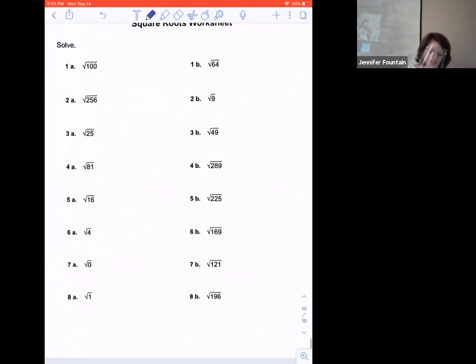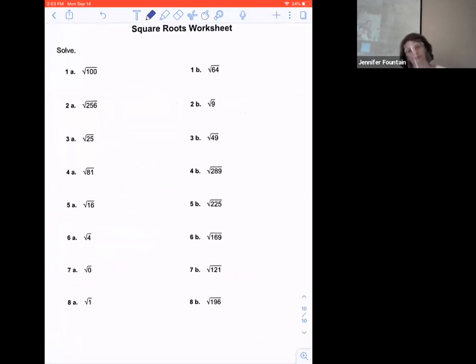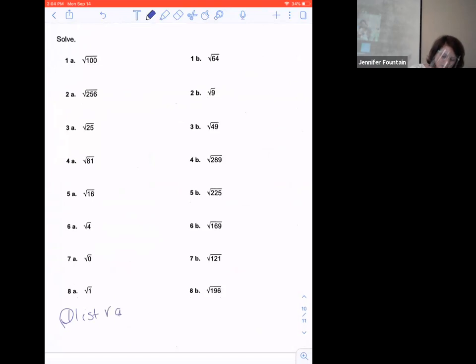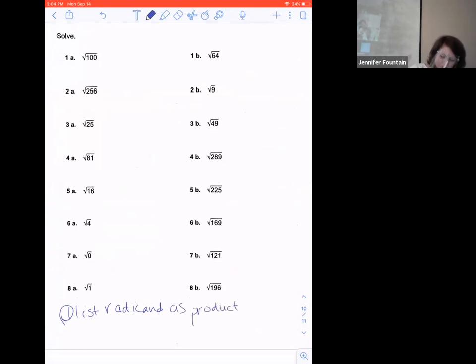Now the last sheet, square roots. Again, our starting off point, just like least common multiple, just like greatest common factor, is prime factorization. So step 1, list radicand as product of prime factors.